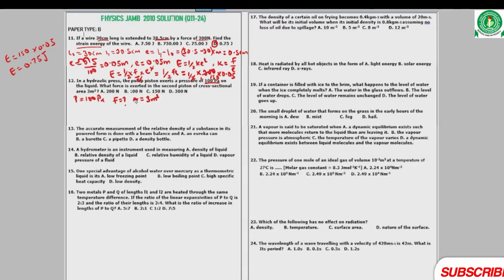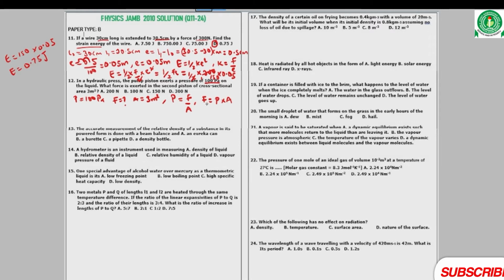So from the formula, pressure is equal to force over area, and we are asked to calculate the force. By cross multiplication, force is equal to pressure multiplied by area. Don't forget that the pressure of the first piston, that is the pump piston, will be equal to the pressure on the second piston. So that's why we are using this.